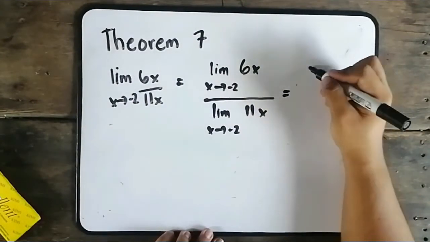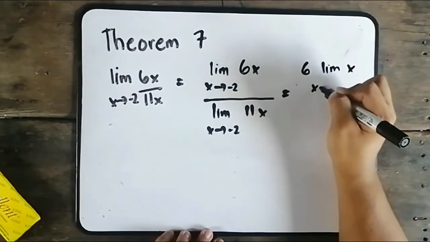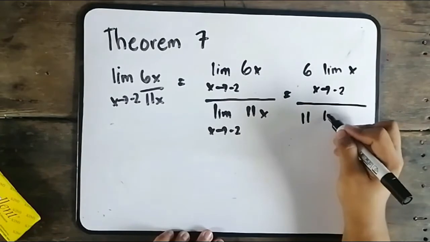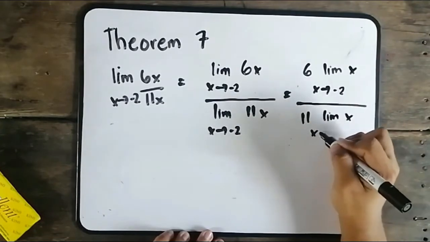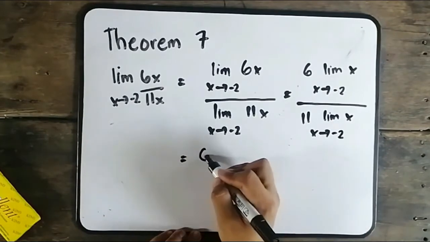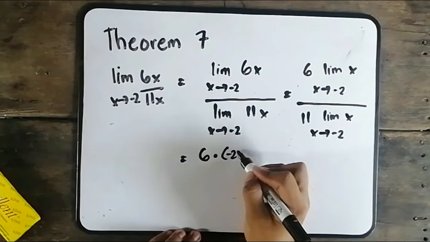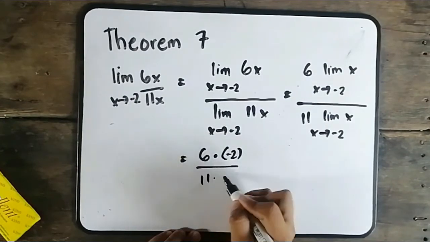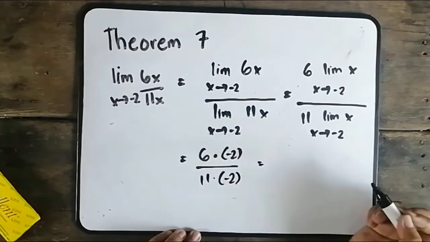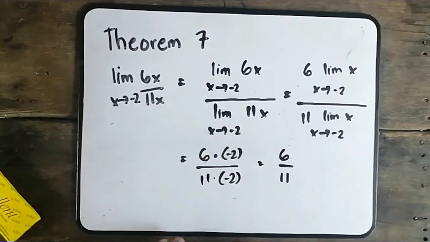So this now becomes 6 times the limit of x as x approaches negative 2 all over 11 times the limit of x as x approaches negative 2. So we now have 6 times the limit of x as x approaches negative 2 is negative 2 all over 11 times negative 2. So the answer now is 6 over 11.